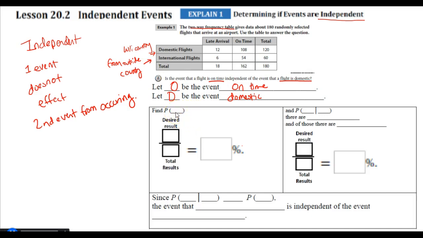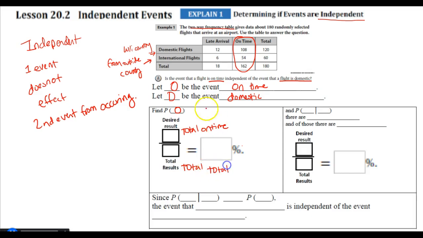The first thing we're going to do is find the probability of the event O, the flight being on time. So I'm going to go ahead and circle on time, the whole column. So this is going to be total on time versus total.